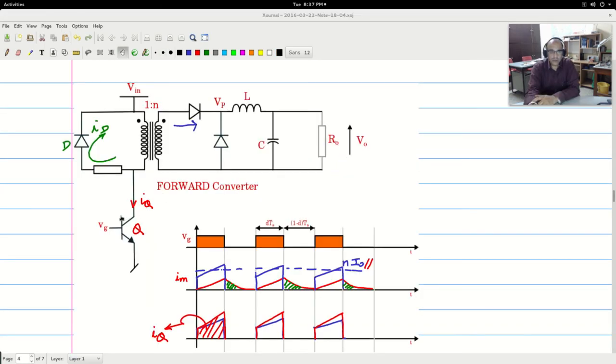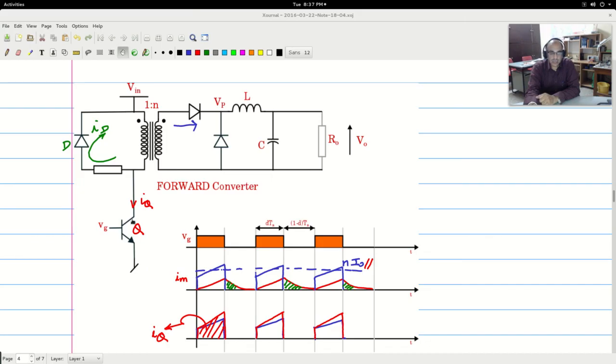So the switch, both the current and the voltage ratings are known. The voltage rating is basically V in plus IR drop here, and the current rating is whatever value of the current that flows here, peak value, which is I naught, transferred here, N I naught plus delta IL.